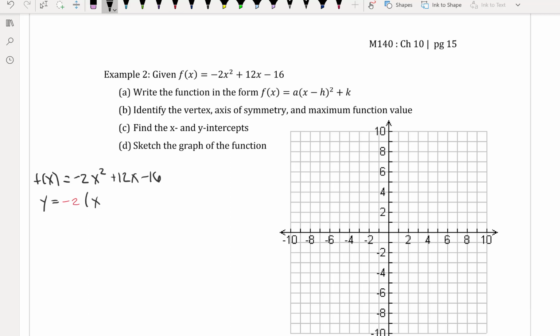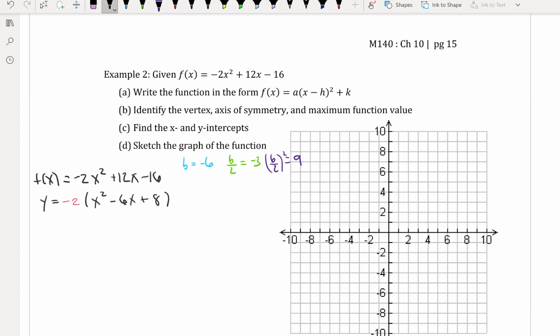So I have an x squared minus 6x plus 8. Now I can tell you that my b value is going to be a -6. My b divided by 2 is -6 divided by 2, which is a -3. And I have my b divided by 2 squared, which is going to be a +9.